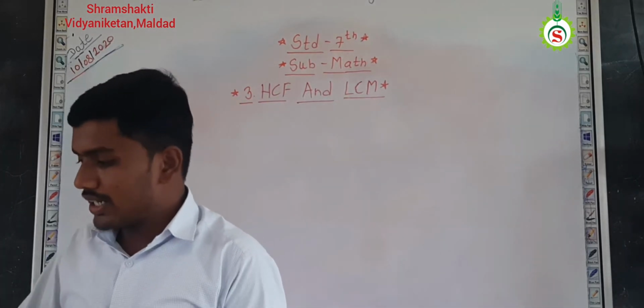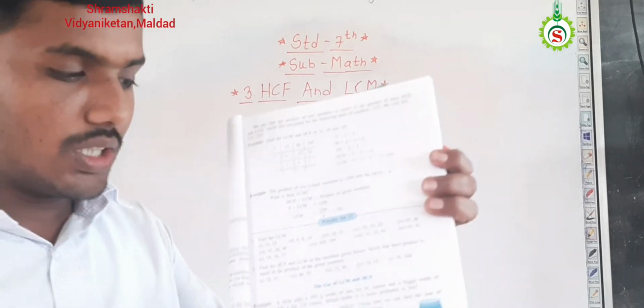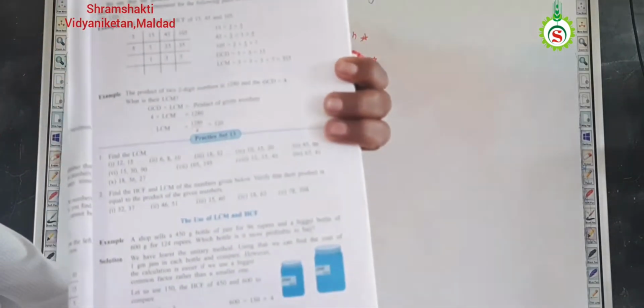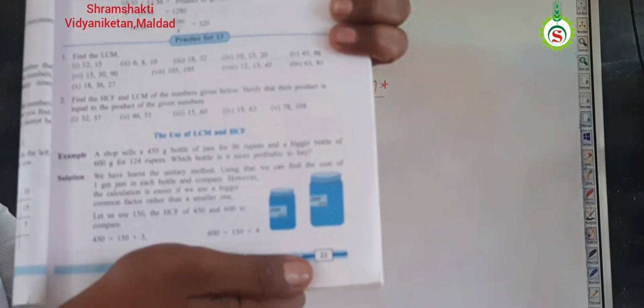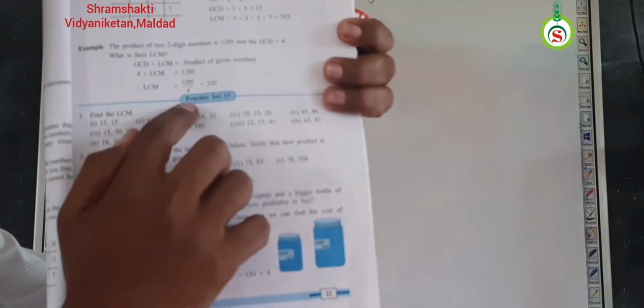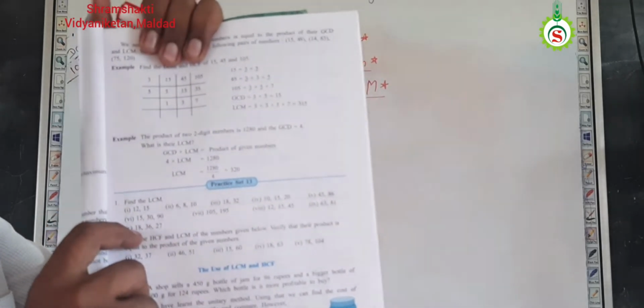Now friends, in your book on page number 21, there is one practice set, practice set 13. In that practice set 13, question number 1 is find the LCM. That means we have to find the LCM of 10 examples.